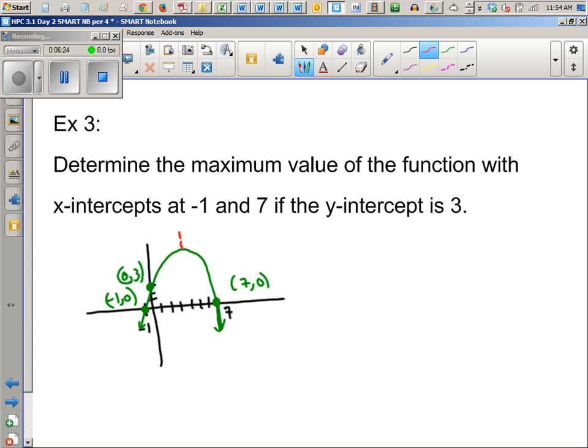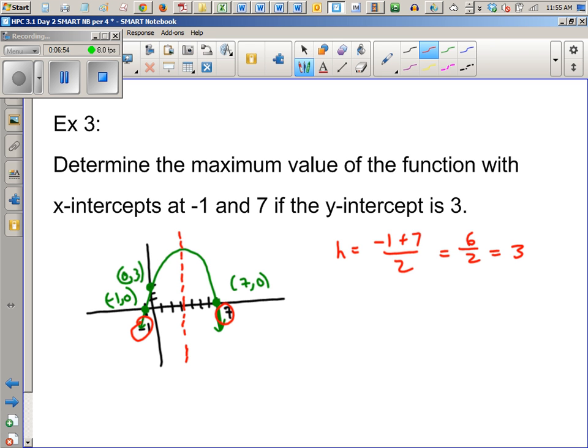They'd draw a line right down the middle, and they would assume that it's halfway between the -1 and the 7. That is very good reasoning. So that's not true on all functions, but it's true on a parabola. Good. So we know that mathematically we can find the middle, which would be the h value, by just averaging the -1 and the 7. This is how you find the halfway spot between two numbers, right?